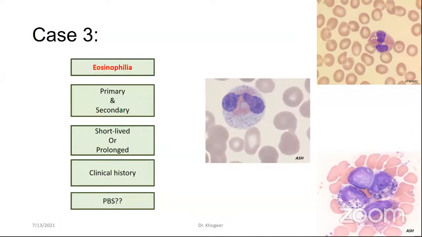If a clear reactive cause is not identified, further investigation, including a bone marrow biopsy, cytogenetics, and other molecular testing, should be performed. Overall, eosinophilia is reflective of a variety of processes and requires a thorough investigation and clinical correlation.